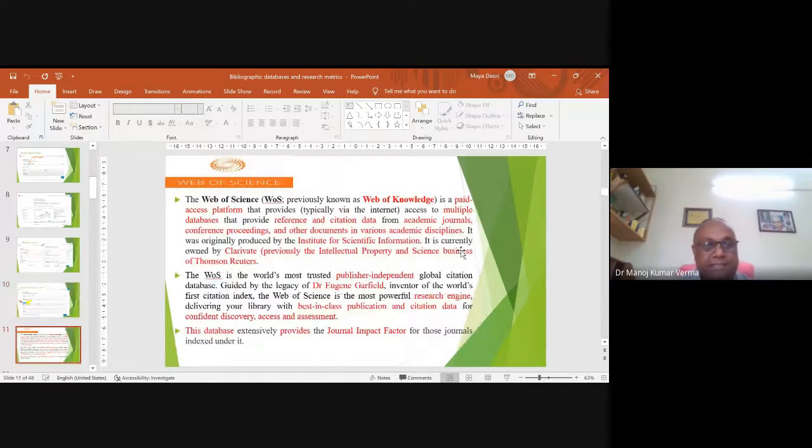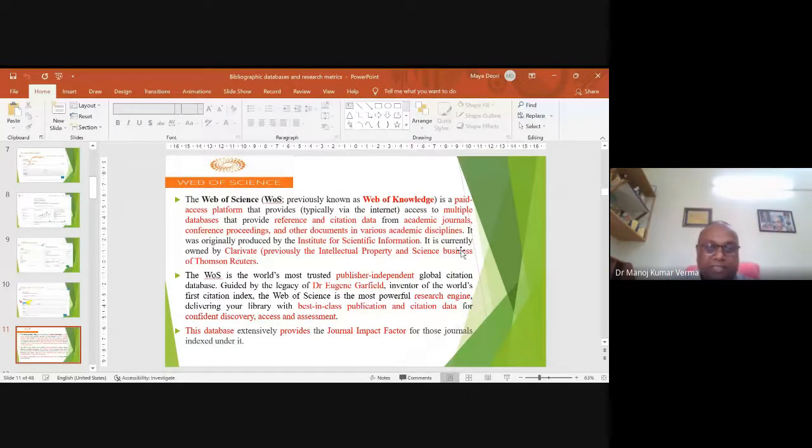Now another bibliographical database after Scopus is Web of Science. Web of Science is previously known as Web of Knowledge. It is a paid access platform that provides, typically via internet access, multiple databases with reference and citation data from academic journals, conference proceedings, and other documents in various academic disciplines.